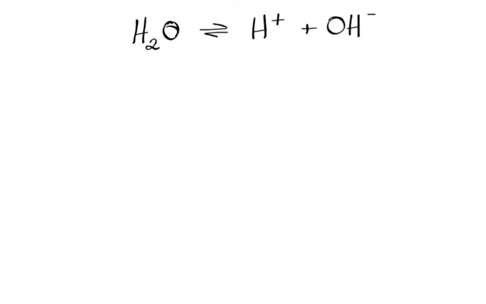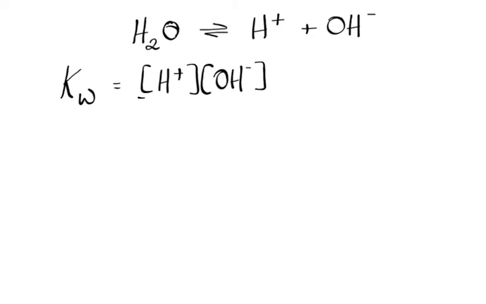As we can see, this process is an equilibrium, so it brings in another equilibrium constant. This time, to do with water, we're going to call it Kw, and this is a measure of the concentration of the reactants over the product. So we're probably going to expect to see Kw written like that.